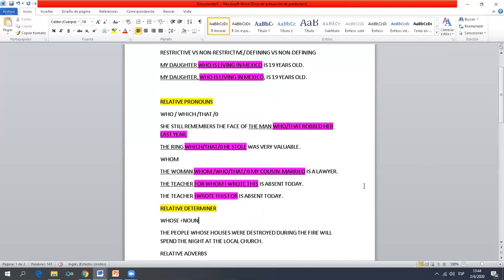You see that immediately after whose you find the noun houses. Let's see the relative, whose houses were destroyed during the fire. This is our defining relative clause here, which is within this noun phrase I'm underlining, okay? Subject in this case. So whenever you use whose, you need whose house, whose daughter, whose plus noun.